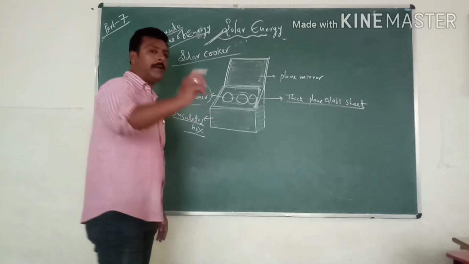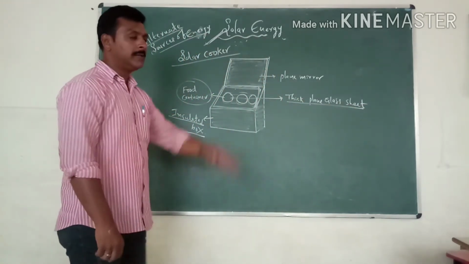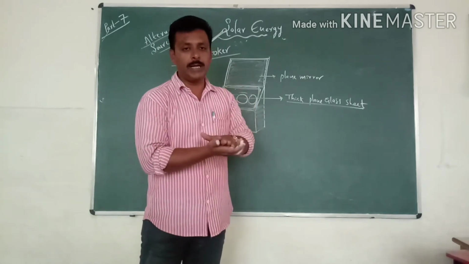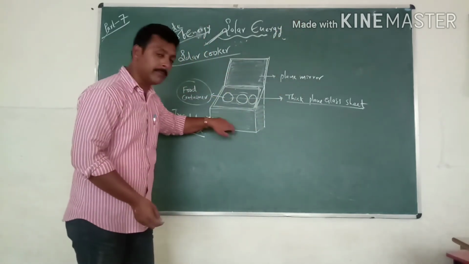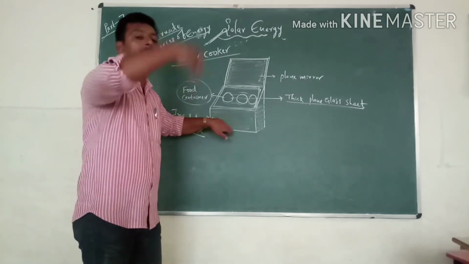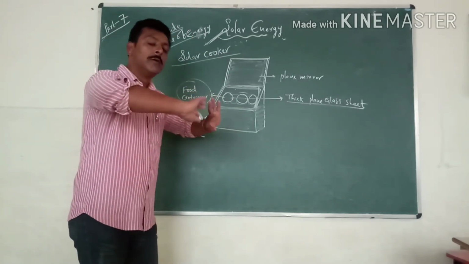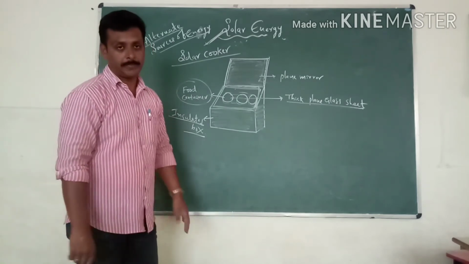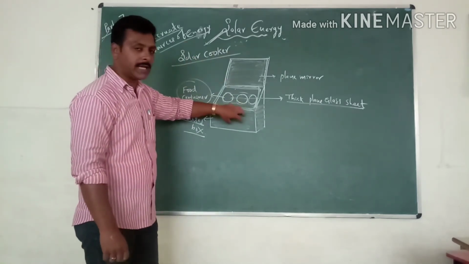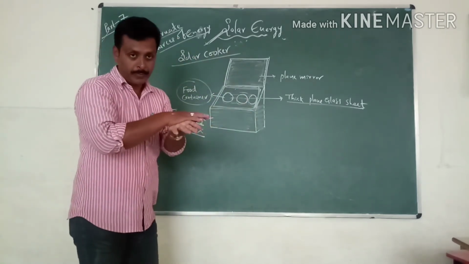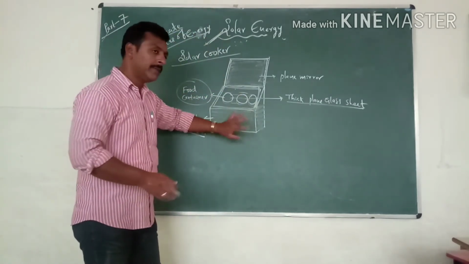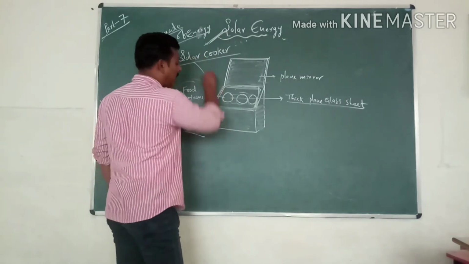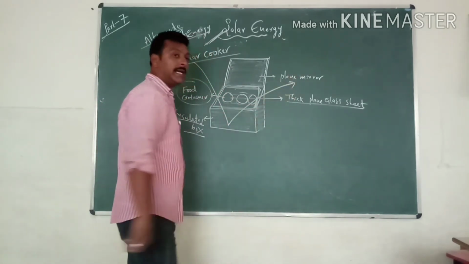Why they used plain glass only? Because glass is a material which can allow infrared radiation to enter into the box, but they are not allowing that radiations to go back after reflection. Okay, जो भी heat इसके अंदर आता है वहीं trap हो जाता है. Okay, एक glass sheet नहीं रहा तो बक्से के अंदर गिर के reflect होके और rays आकर reflect होके बाहर चले जाएंगे.